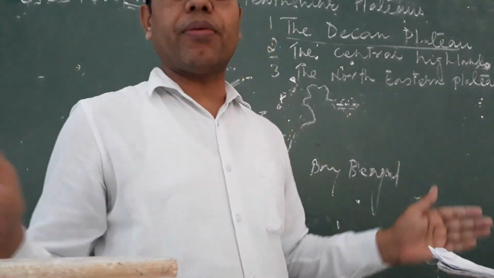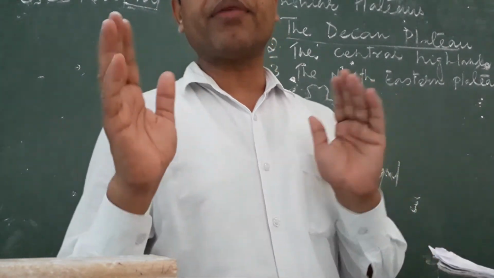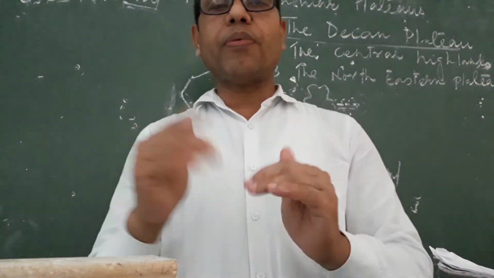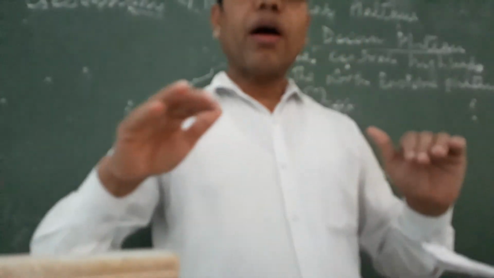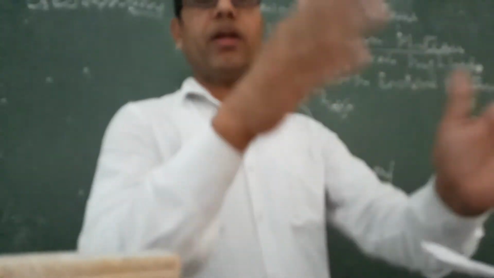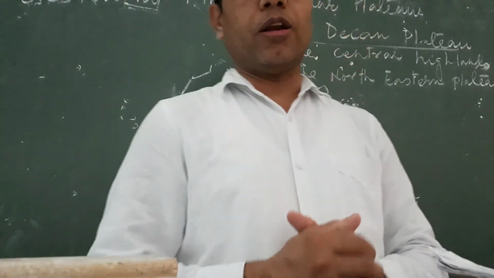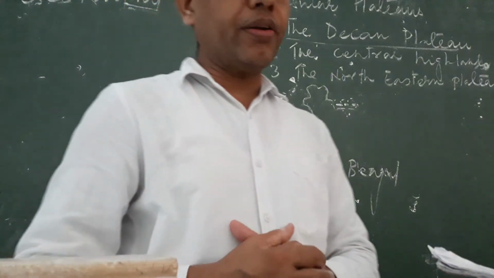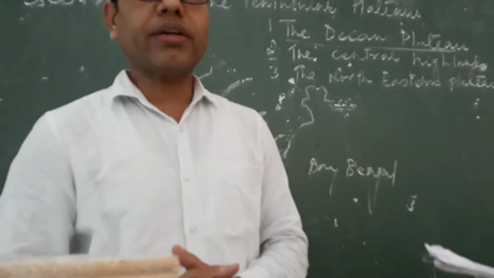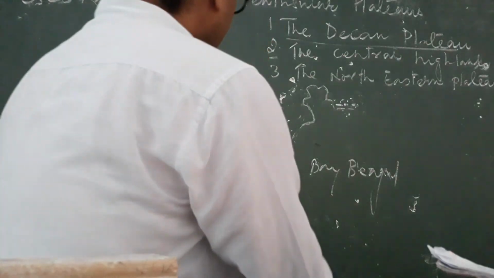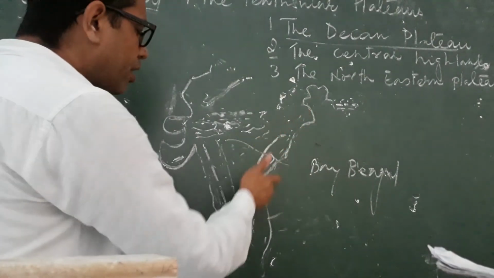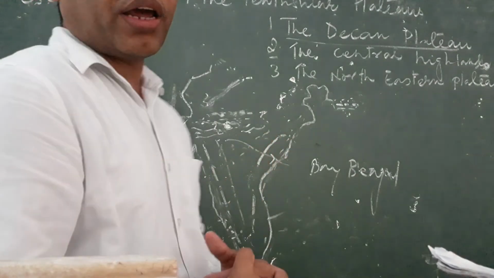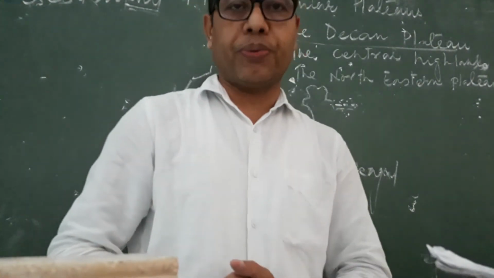A number of rivers like Mahanadi, Krishna, Godavari, Kaveri have broken them for joining in the Bay of Bengal. It forms the eastern edge of the Deccan Plateau.